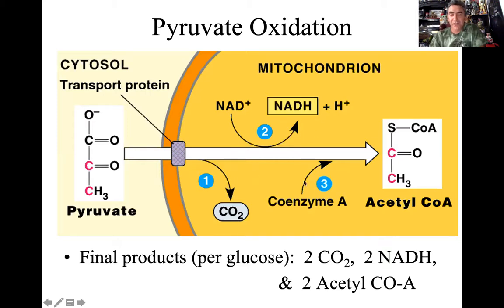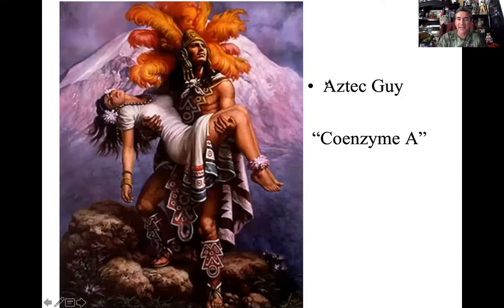This headless chicken, these 2 carbon molecules, are then going to get picked up by this molecule we call coenzyme A, right? Coenzyme A picks up the 2 molecules, and we now have this molecule we call acetyl-CoA, right? I like to think of coenzyme A as Aztec guy, right? I don't know if you know the mythology behind the scene, but Aztec guy, this strong guy, picks up this lady, carries her over. So she's not just going to lay there.